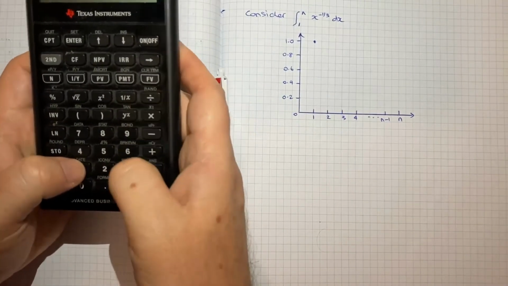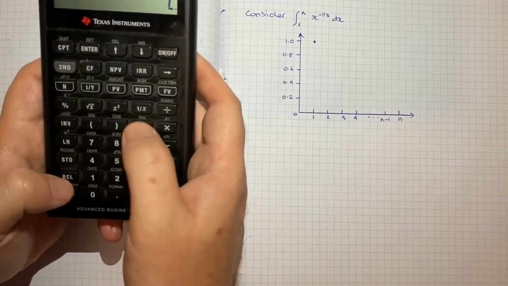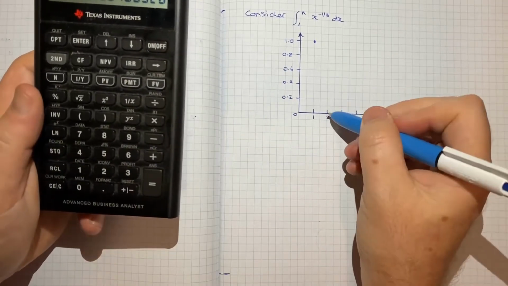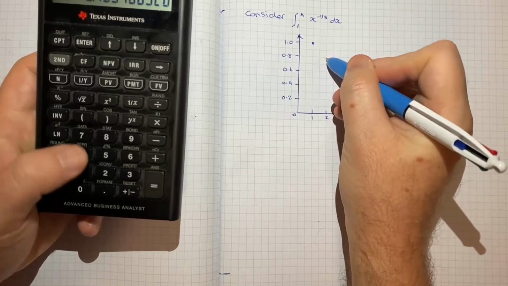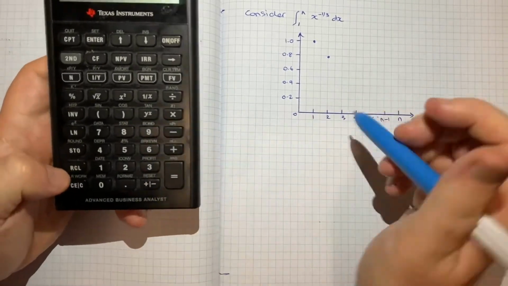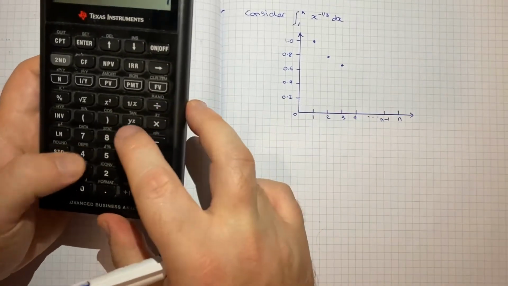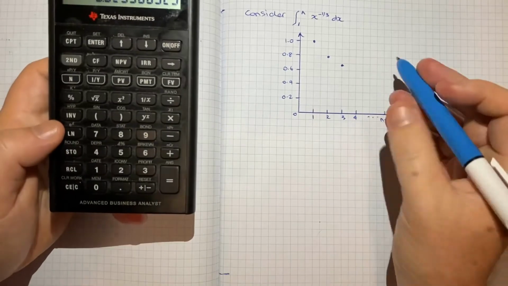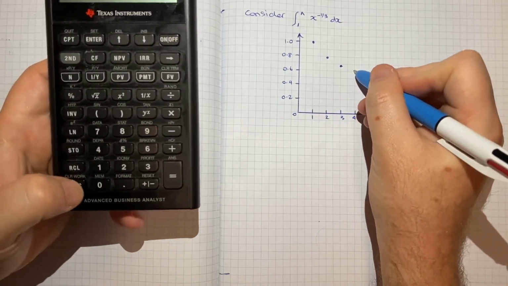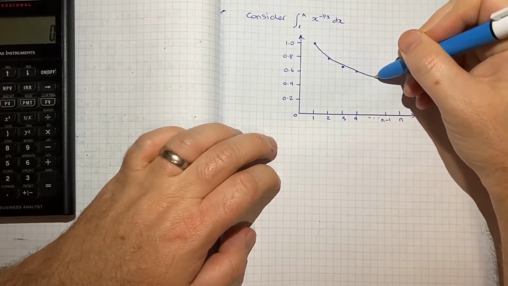So 1 divided by 3, I'll store that. So 2 to the power of negative a third is just under 0.8. 3 to the power of negative a third is just under 0.7. 4 to the power of negative a third is just over 0.6. And I've got the general shape there.